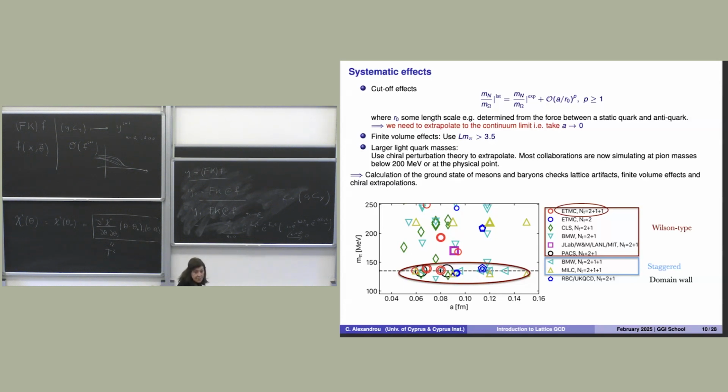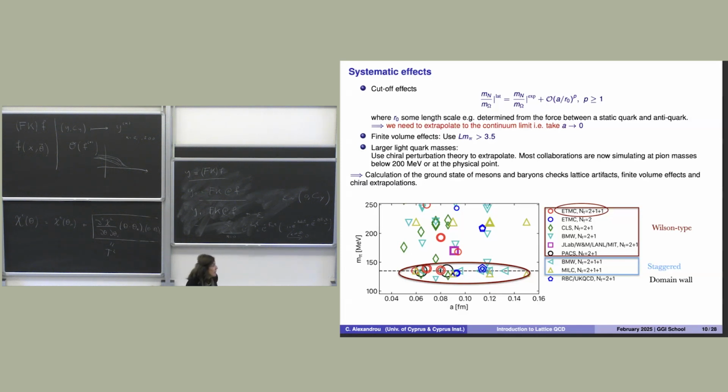So you see advantages and disadvantages of the different discretization schemes. We have to go here to simulate. Those are our points here, the 5 ensembles that we have at the physical point. The same is true for these guys. You see, they're here, they have 2. This is PACS, and this is PACS again at a similar lattice spacing. Very large volume, this is a 10 fermi volume. These are the only people that have this.